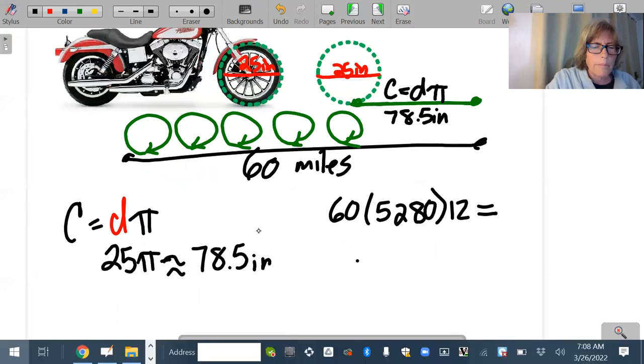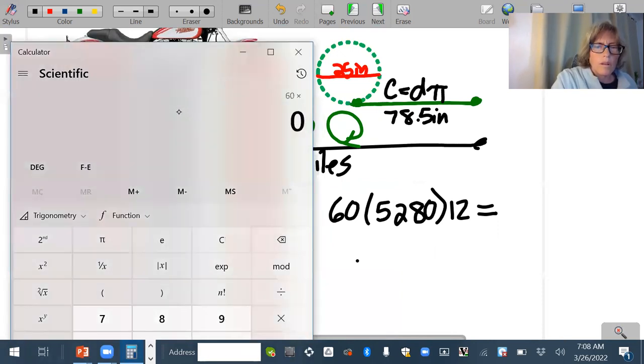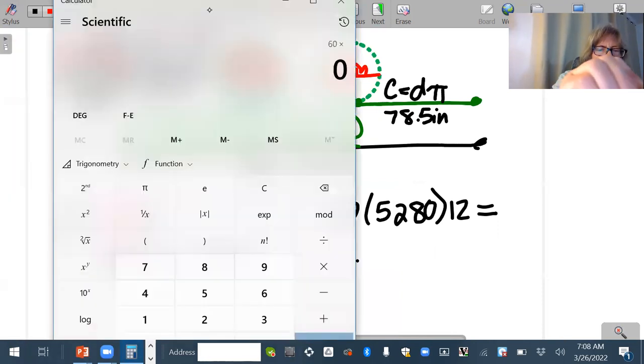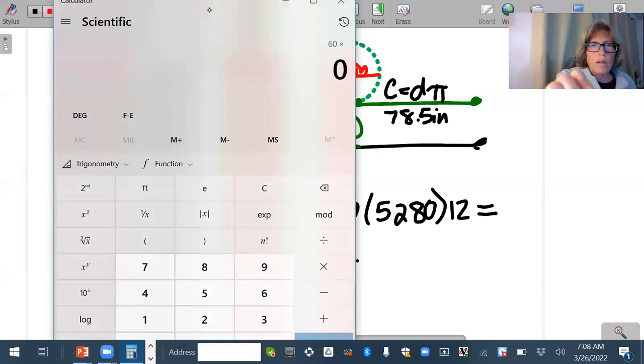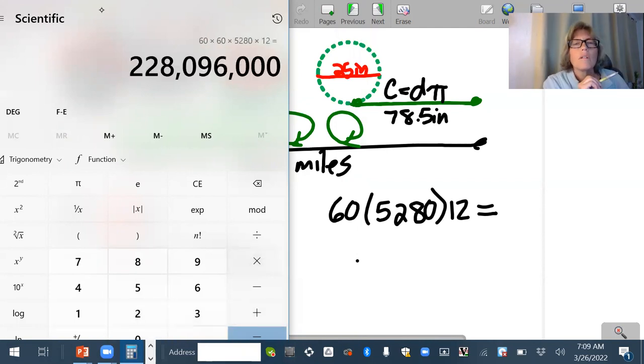I had that right the first time. Okay, so we're going to go 60 miles times 5280 feet times 12 inches.